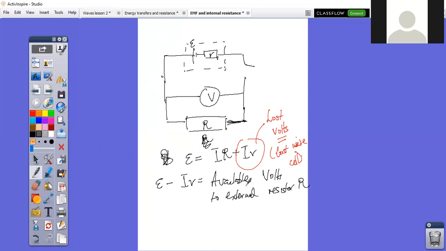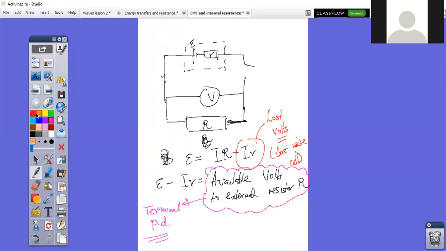Now, these available volts that are available after you've lost some energy inside the cell, we have a term for these available volts. We call this here the terminal PD. Why is it called the terminal PD? Because if this switch is closed and you have a current, by the way, you need a current to get lost volts. So let's just remember, we can see that I times r, if I is 0, there are no lost volts.